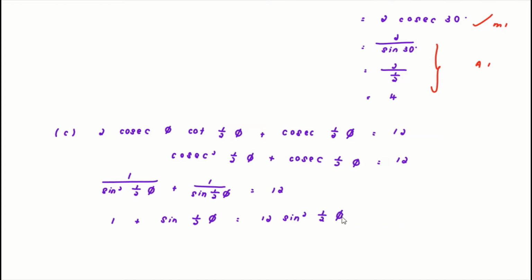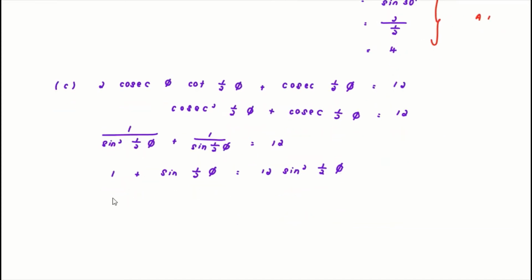Okay, so now rearranging them. This is just a quadratic basically. So 12 minus. If you find it very confusing to look at this, what you can try to do is change it to, for example, a equals sine phi.